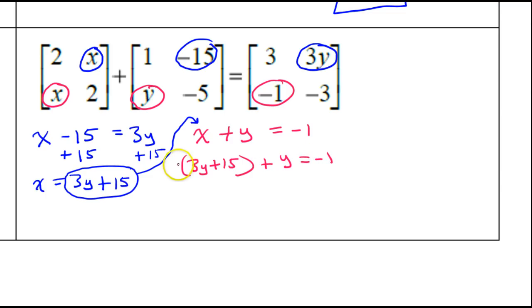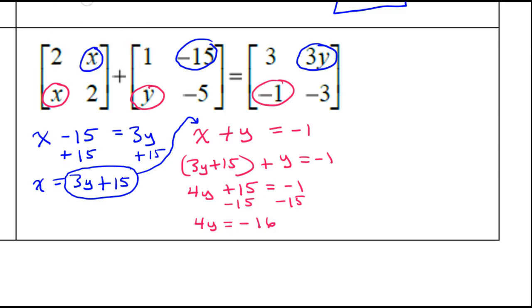Now there's nothing in front of these parentheses, so I can really just ignore the parentheses and combine like terms. So I've got 3y plus y, so that'll be 4y plus 15 is equal to negative 1. Subtracting 15 from both sides, I get 4y equals negative 16.